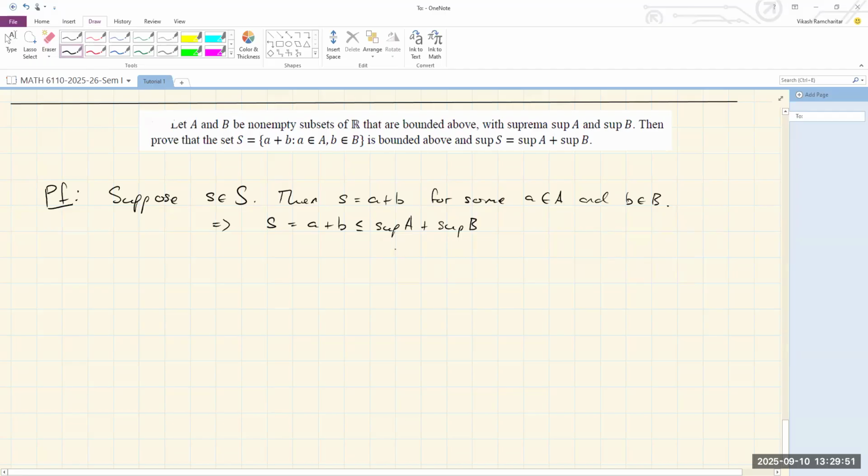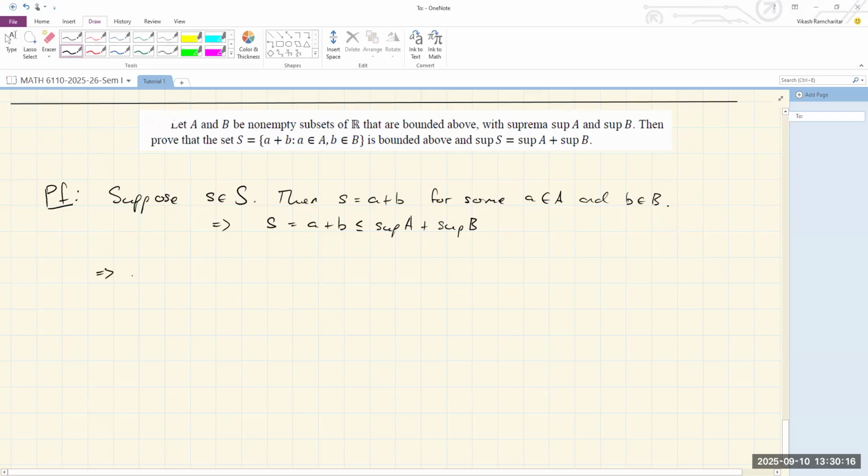All right, so what did this show? This shows that S is bounded above, right? Because think of supremum A and supremum B as simply numbers. So supremum A plus supremum B is just a number. What we showed is that any element of the set S is less than or equal to this fixed number.